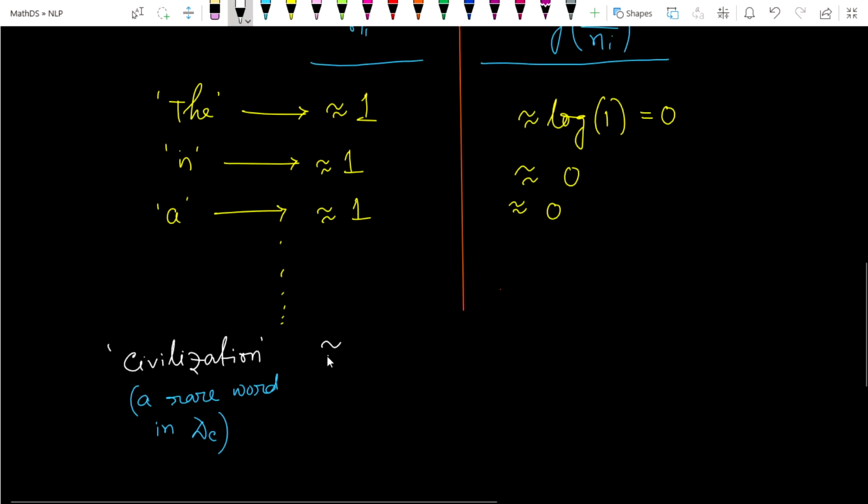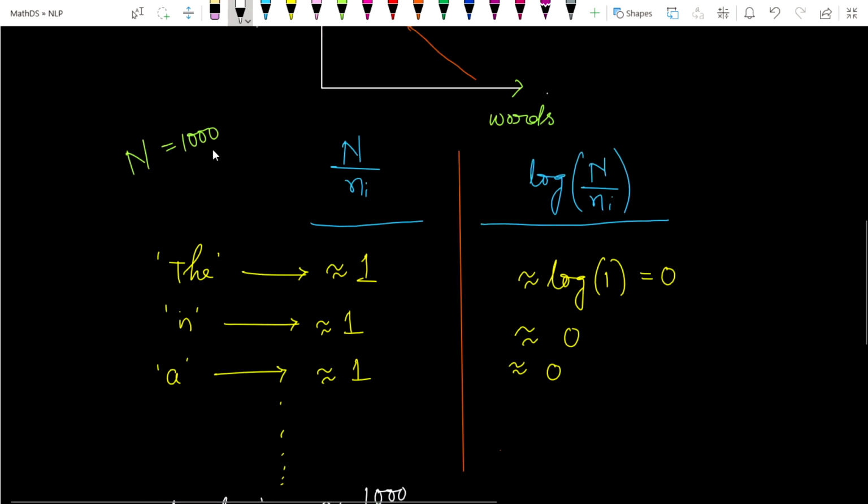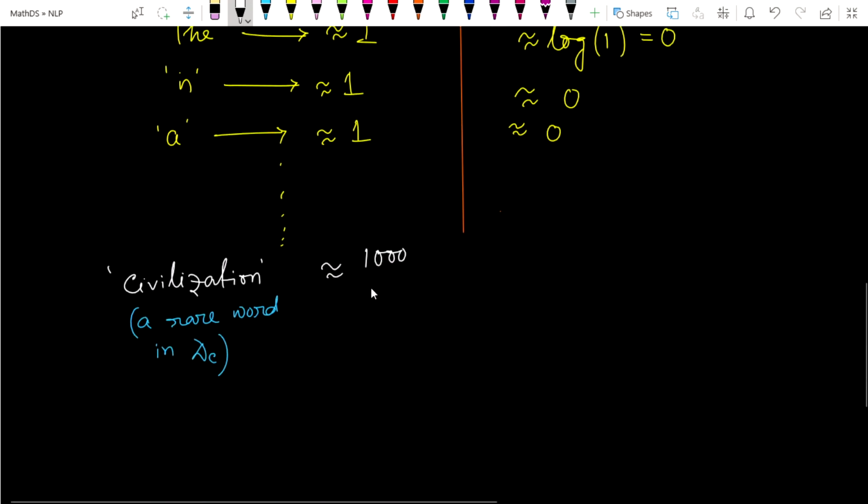Its value will be approximately the number of documents we have. In total we have 1000 documents, and suppose we find this word 'civilization' in a single document. In such a situation, capital N by n_i will be 1000.